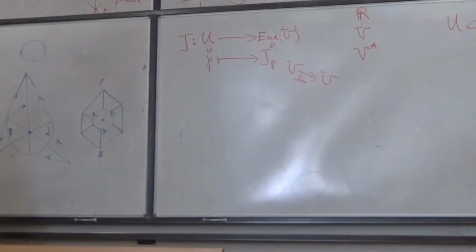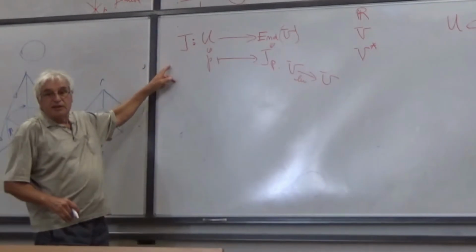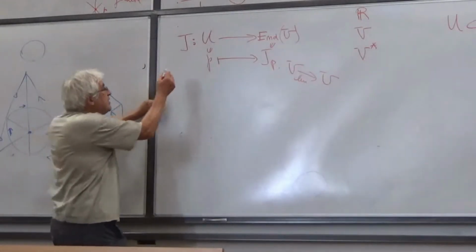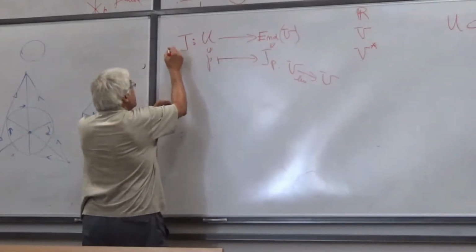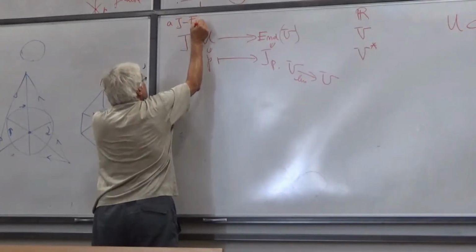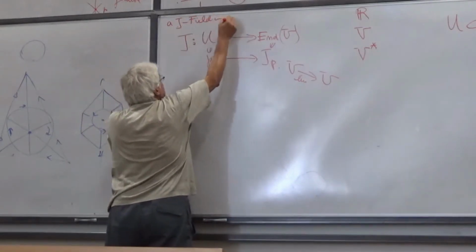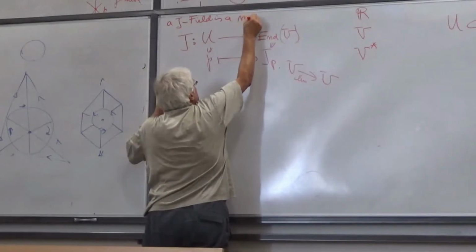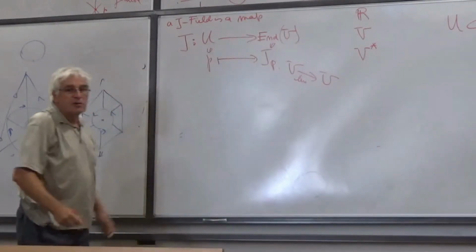Not exactly. I ask properties of this J field. A J field is such a map with properties.